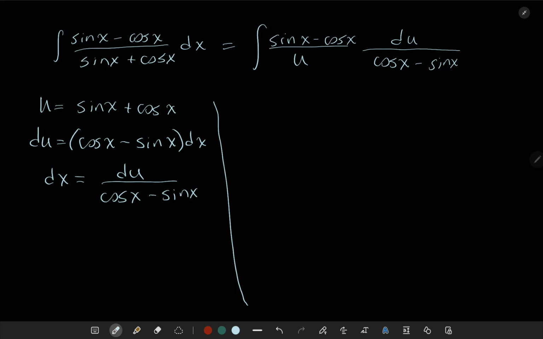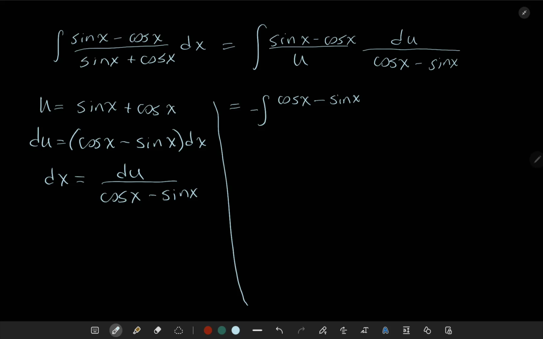And you're going to say, well, sine x minus cosine x is not the same as cosine x minus sine x. And I would agree, however, they're off just by a factor of negative 1. So let's rewrite this first one as negative cosine x minus sine x, since it's easier to put the negative out there.